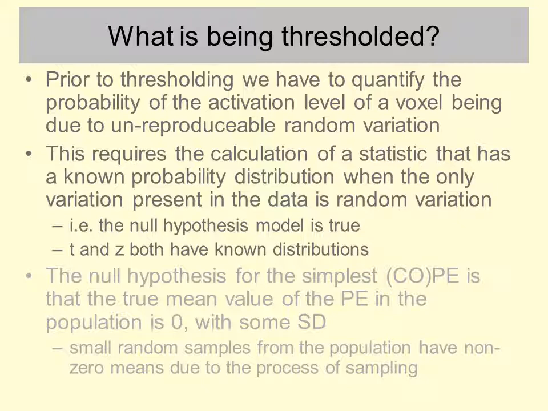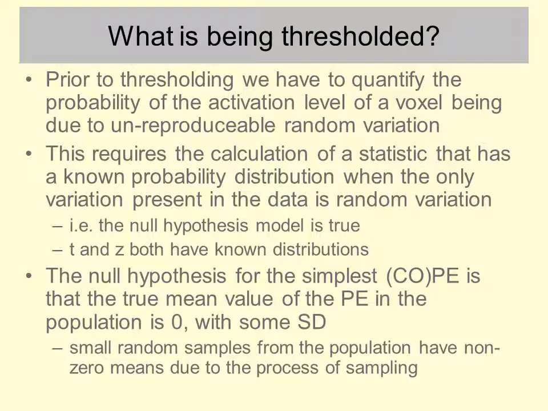To get to that probability, we first calculate a statistic which has a known probability distribution for the special case where the only variation present in the data is the unsystematic random variation, i.e. this is the null hypothesis. T-stat and Z-stat both have known distributions when the null hypothesis is true, and therefore can be used to calculate the probability of a particular data set being obtained if the null hypothesis was true.